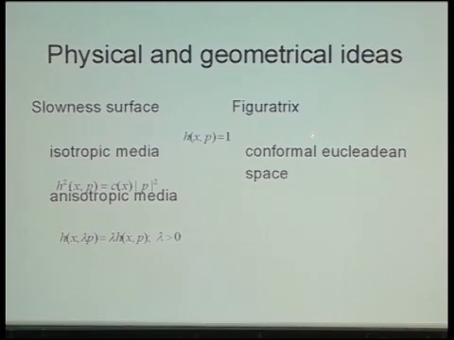It is a slowness surface, a figuratrix, corresponding maybe to a Finsler metric. For the isotropic metric, conformal Euclidean space. For anisotropic media, elastic media, this function h satisfies this homogeneity property and nothing more.